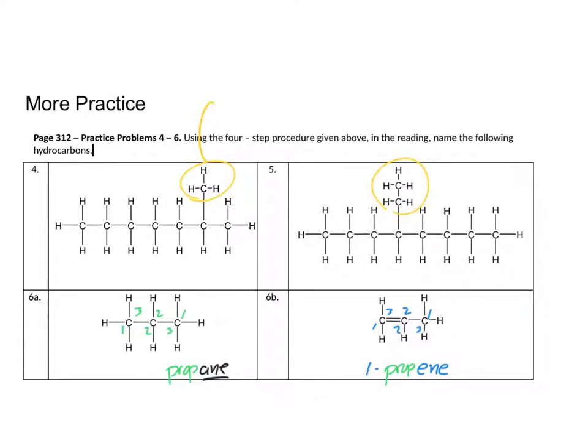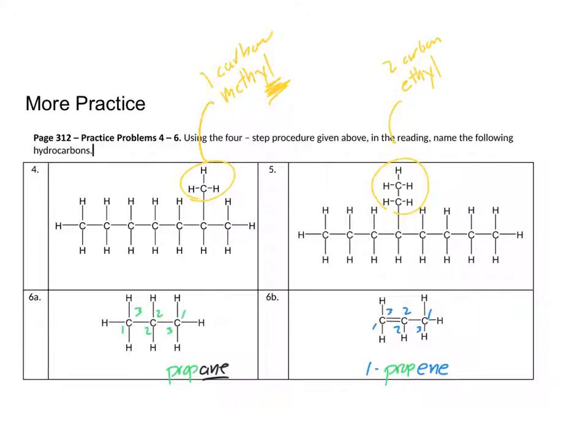In this case, the number of carbons in the branch is 1 carbon long, and the prefix for 1 carbon long is meth. But because it's a branch, we're going to call it a methyl. Now in this one, it is a 2 carbon long branch, and the prefix for 2 is eth, and because it's a branch, it's an ethyl.